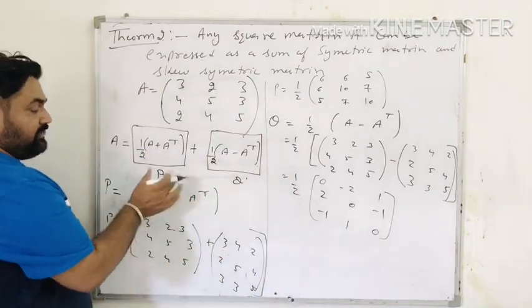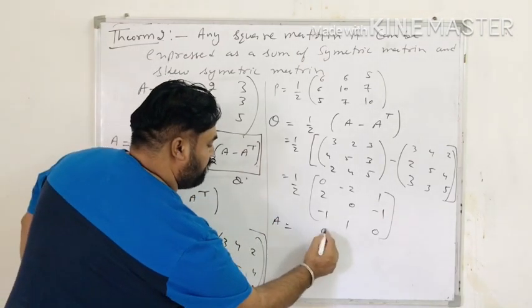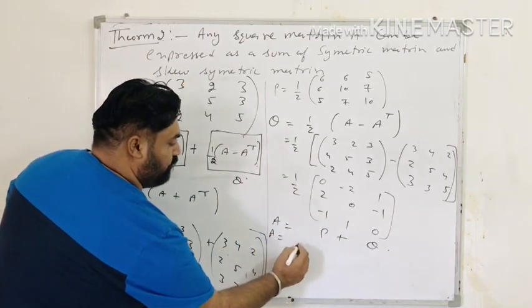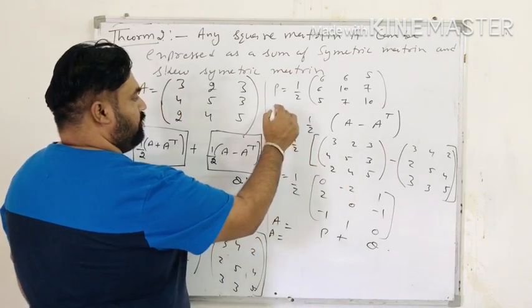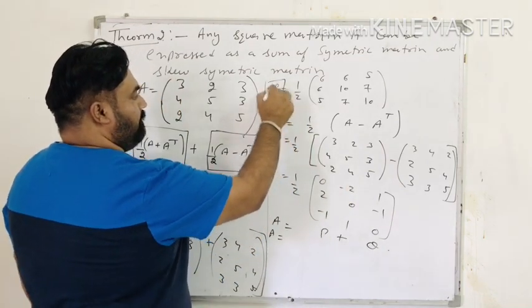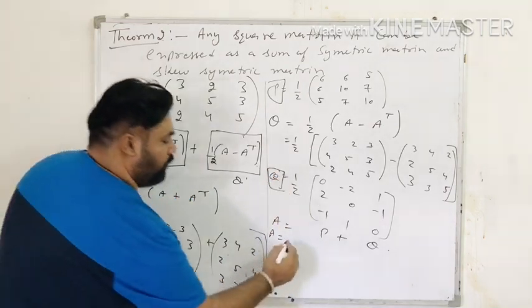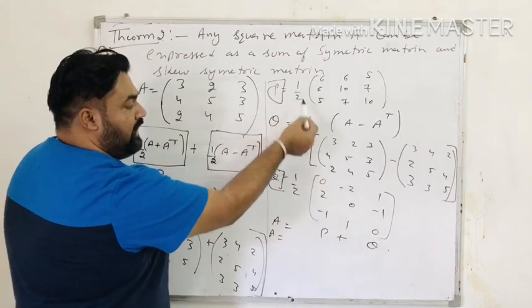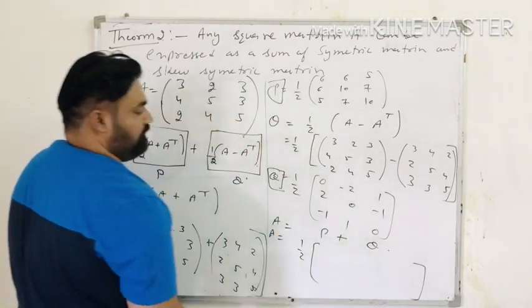But there is P plus Q. Now A equals P plus Q. So A equals, what is the value of P and Q? So this is the value of P and this is the value of Q. So half, in these two values we can take half as a common. So half.